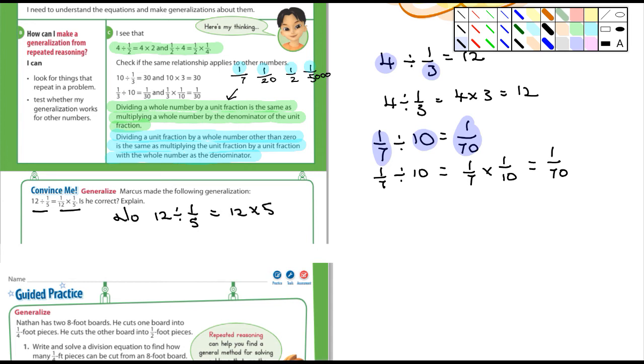Because that's how you would solve it. It'd be 12 times 5, not 1/12 times 1/5. Okay.